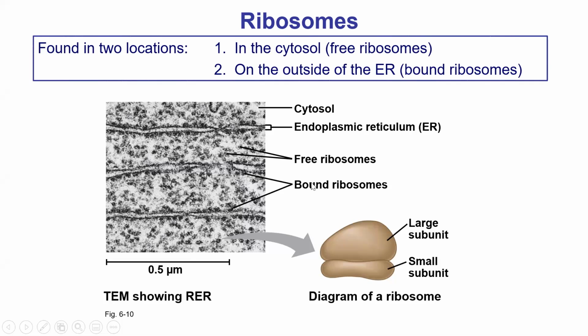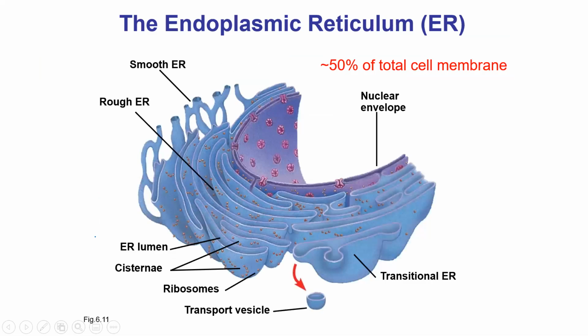If you take a look at the transmission electron micrograph, all those spots are ribosomes. They're packed into the ER. They are loaded right there. So that's one thing to know about the ER, it's a big part of protein synthesis.